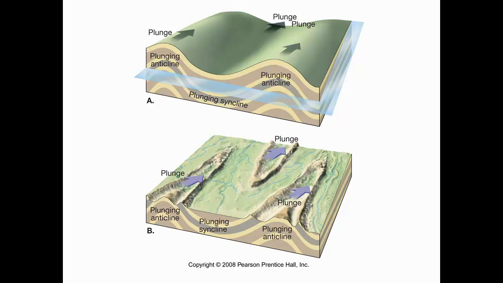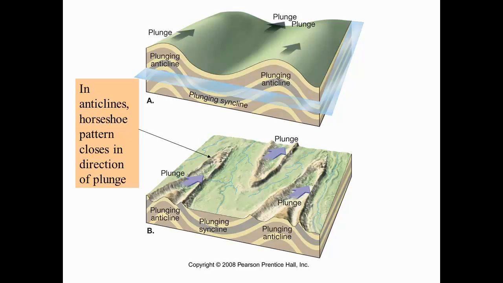But in all cases, the plunge is in the same direction as indicated by these arrows shown on the surface. Now what we're going to do is erode away the upper part of these plunging folds down to this horizontal plane. And when we do that, notice that we take on these hairpin patterns on the surface.